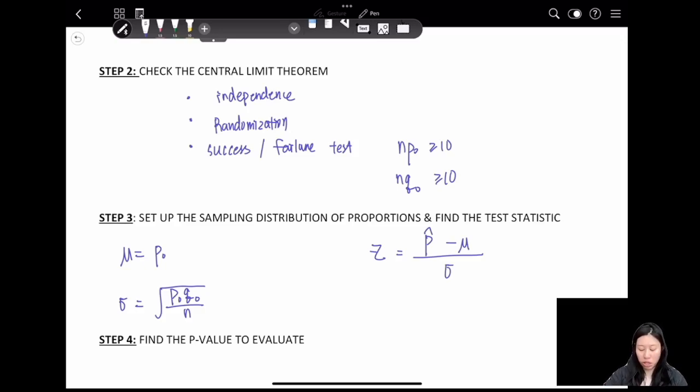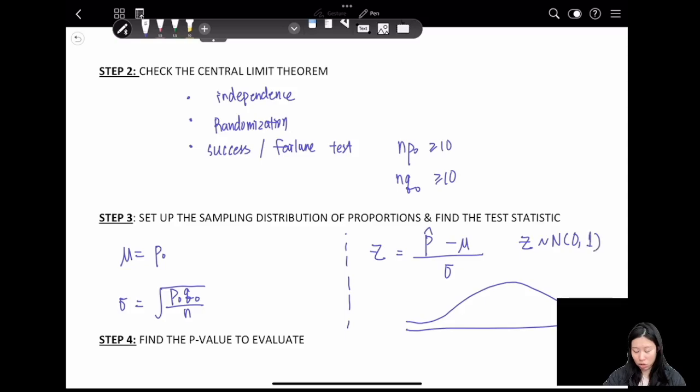So what's the difference between these two? You should end up with the same results. For example, let's say this is a right-tail test. Our z-score test uses a standardized normal distribution with mean 0, sigma equals 1.